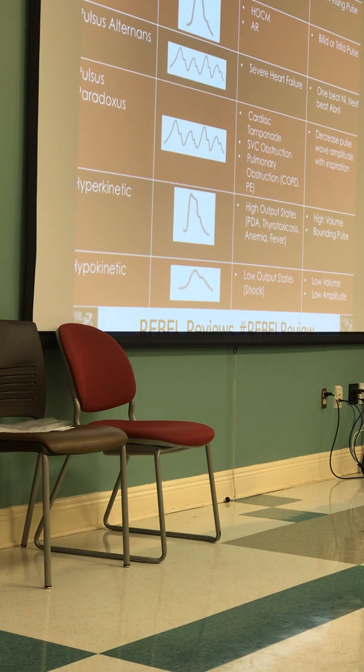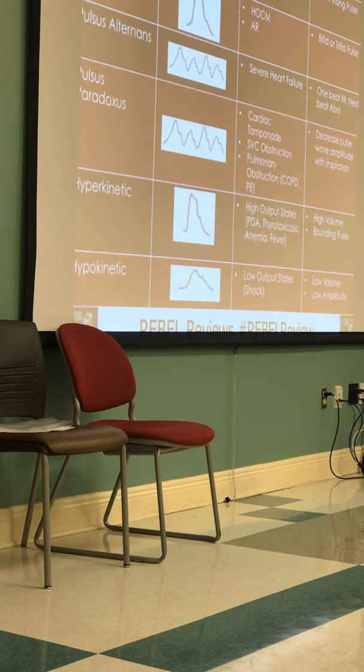What will give you a hyperkinetic pulse? What do you think? These are usually high output states. What gives you high output states? Sepsis probably. Thyrotoxicosis, metabolic. Patent ductus arteriosus, anemia, fever, all high output states. They can give you a high bounding pulse.